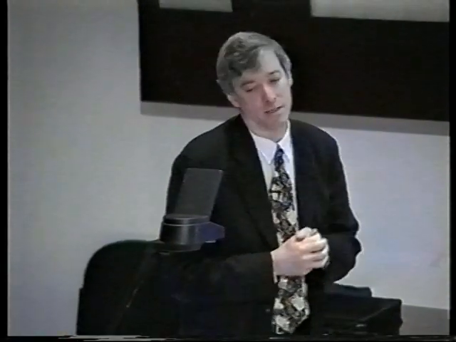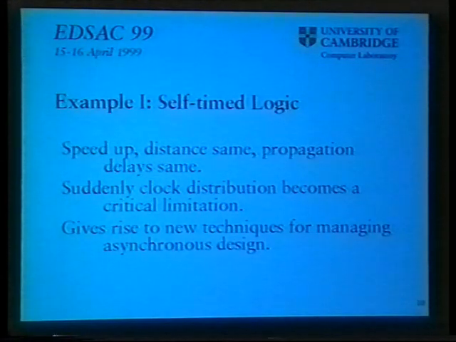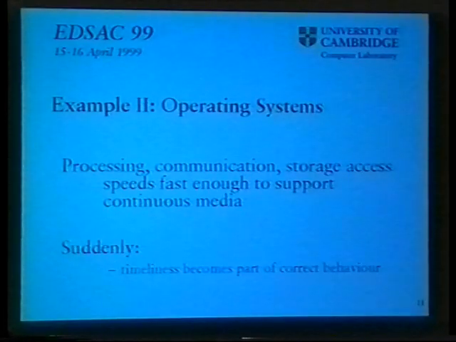So the propagation delays stay the same, and suddenly clock distribution becomes a critical limitation. So it gives rise to new techniques for managing asynchronous design, the things that we tell our undergraduates, when they come in the door: under no circumstance should you do asynchronous design, because you will come unstuck if you do. And now we're saying, well, actually, because of this real discontinuity, we have to go back and re-examine that.